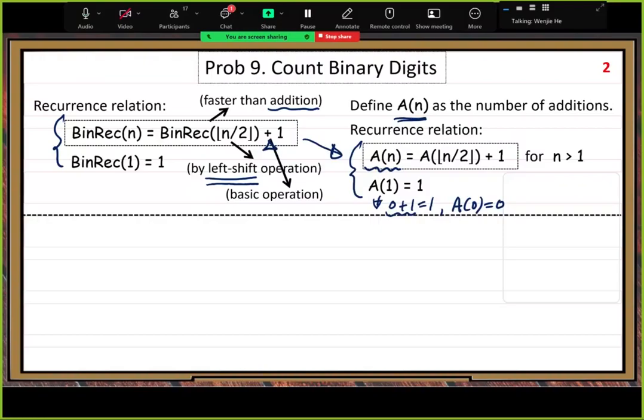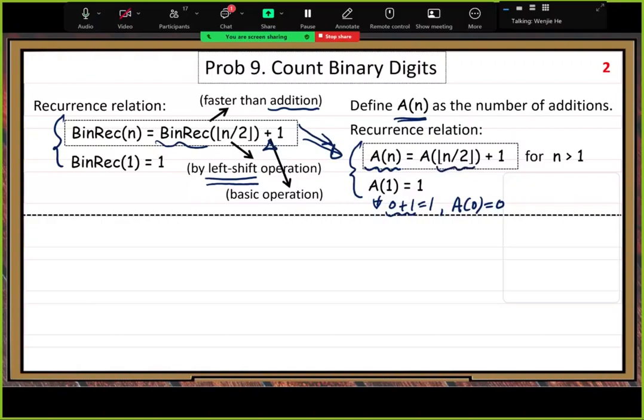Then for the general case, the left-hand side, A of n, is the number of additions for a given number n. On the right-hand side, based on the previous recurrence relation, we need to apply that recursive function on the half problem size.